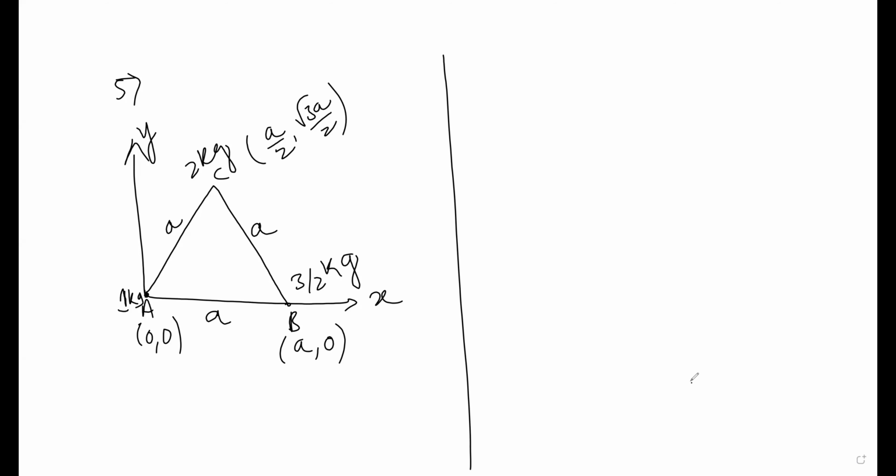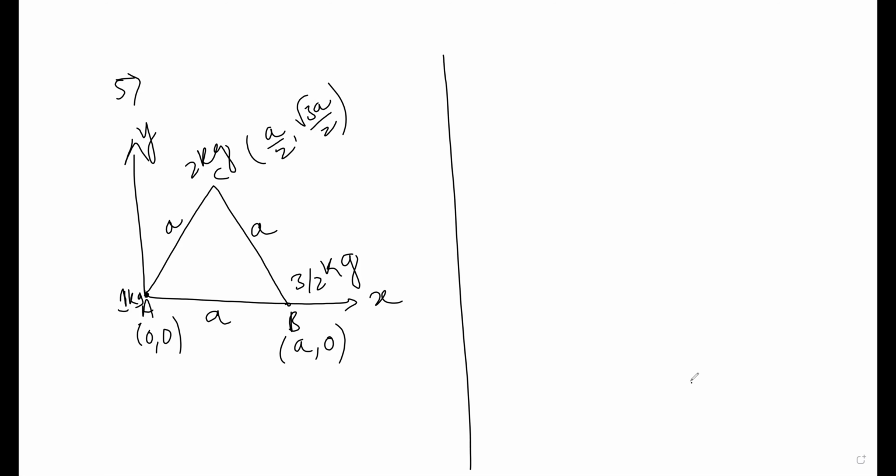Using these, let us calculate the center of mass. Let the masses 1 kg, 3 by 2 kg and 2 kg be located at points A, B, C, with coordinates 0, 0, a, 0, and a by 2, root 3 a by 2, as already shown in the diagram.